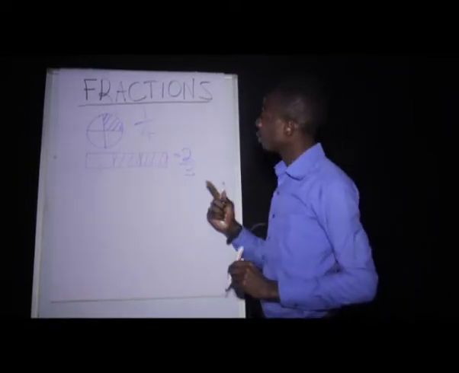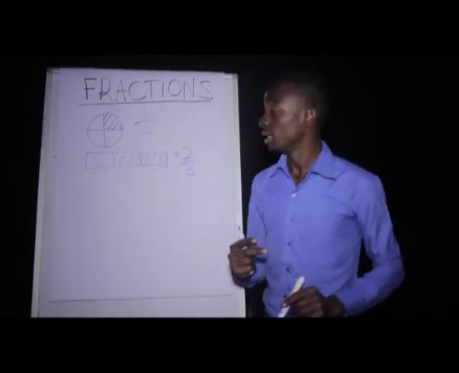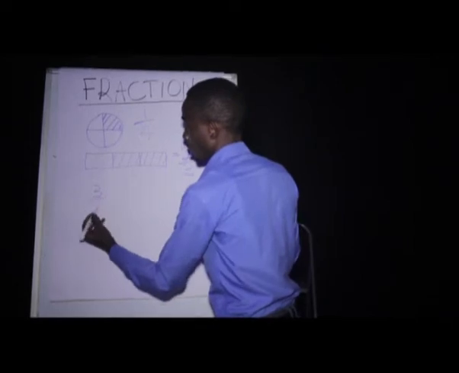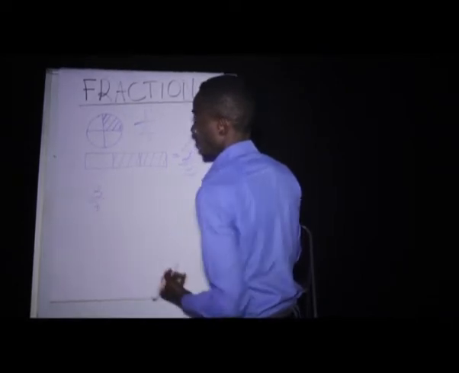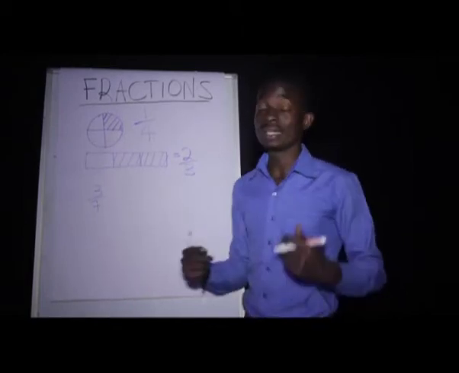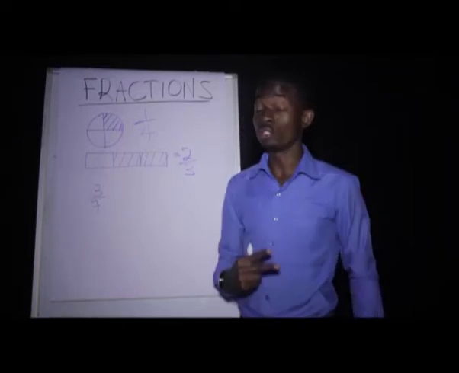Now, every fraction has 2 parts. If I have a fraction, for example, like 3 out of 7, the upper part is what we call the numerator, whereas the lower part is what we call the denominator.